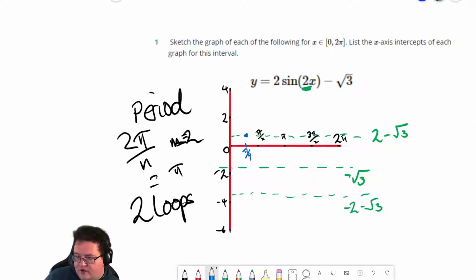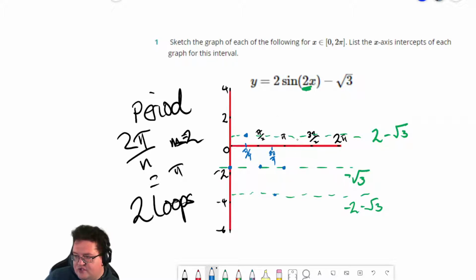It's going to start here at negative root 3. It's going to go all the way up to 2 minus root 3 at pi on 4. It's going to come back down at pi on 2. It's going to bottom out here at 3 pi on 4. And then it's going to come back up at pi.